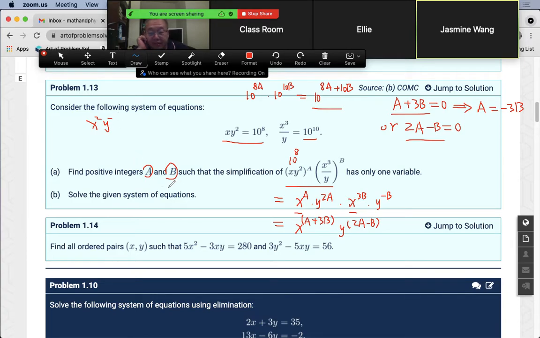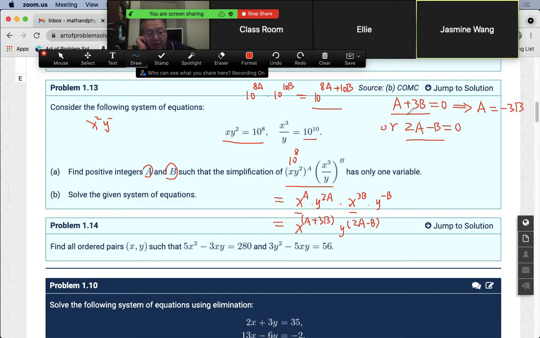Find the positive integers a and b such that this simplification has only one variable. So when we write this one, we get a power this, and x power this, and y power this. If we only have one variable, that means the power of x or the power of y will equal 0.